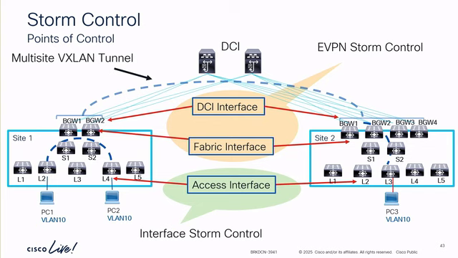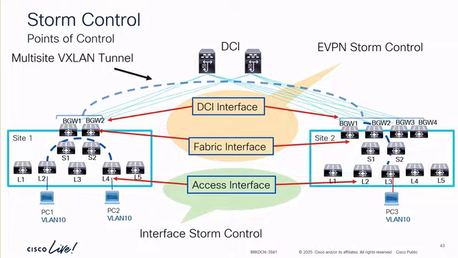So now if we look at storm control, we have our traditional access interface storm control that we've had for a very long time in all our platforms, right? So we can do storm control at the access layer near where the attacker is. But now, if you have a lot of bump traffic, broadcast, unknown unicast, multicast traffic, that can all aggregate at the border gateway point, right? It's an accumulation across many of the leaves, many of the endpoints, right?